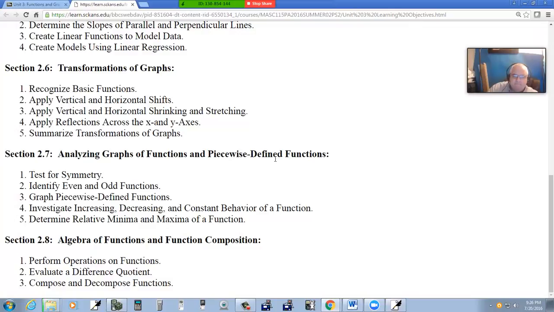And let's see if there's anything else I want to mention. Graphing piecewise defined functions. Let's do one of those real quick, because that's kind of a hard topic too.